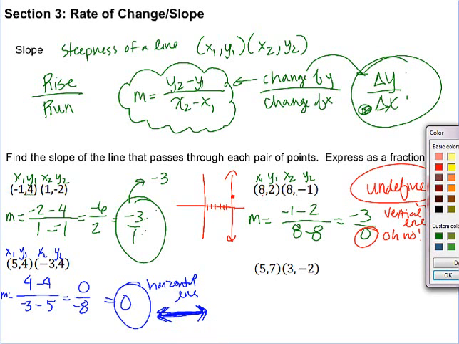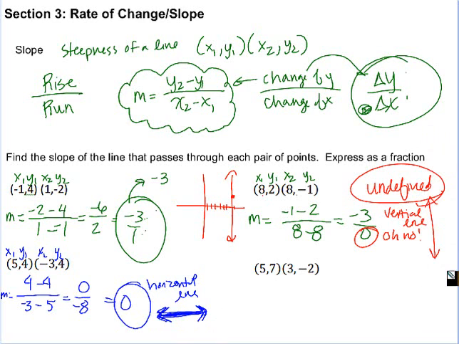And one last example here with slope, like this. The point (5, 7) will be our x1, y1. The point (3, negative 2) will be our x2, y2. So slope would be negative 2 minus 7, y2 minus y1, over x2 minus x1, 3 minus 5. Negative 2 minus 7 is negative 9. 3 minus 5 is negative 2.